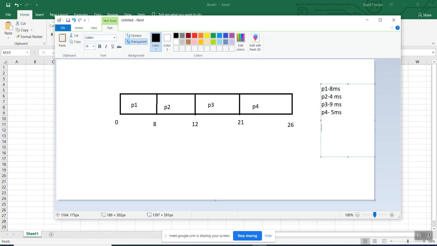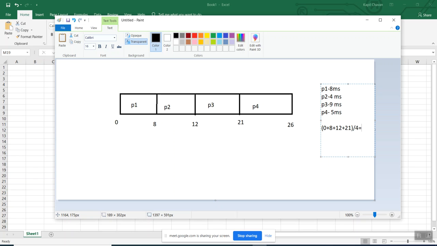So when we are calculating the average waiting time, simply we can take the 0 plus 8 plus 12 plus 21. Okay, and we need to take the average, divided by how many processes are there? 4 processes.